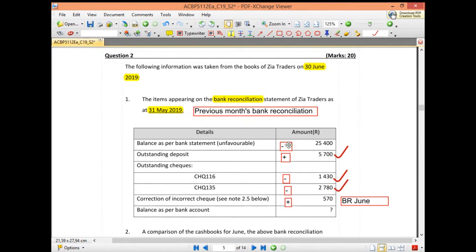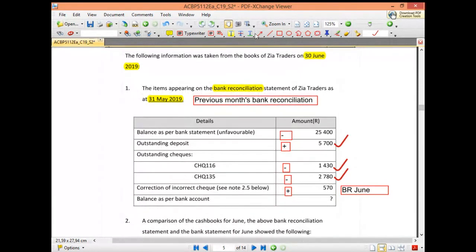So what you have to do is work out, based on your knowledge, whether it is a positive or a negative. So let's quickly go through this information. If they tell you it is an unfavorable balance, it means we owe the bank money. So that's why this balance should actually be a negative 25,400.